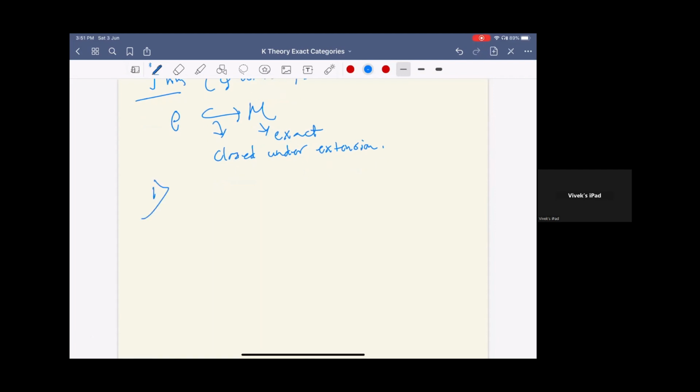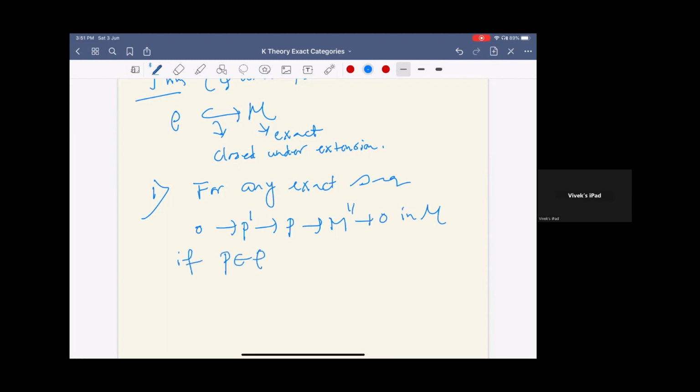And then satisfy two properties: for any exact sequence in M, if P is in rho, then P prime is in rho.